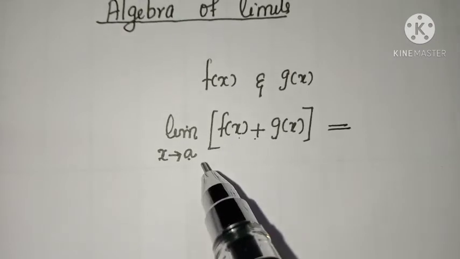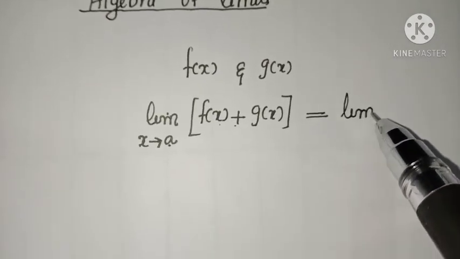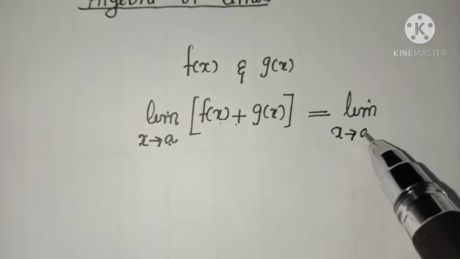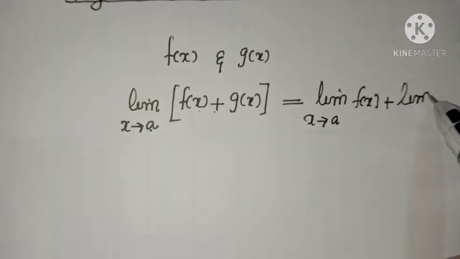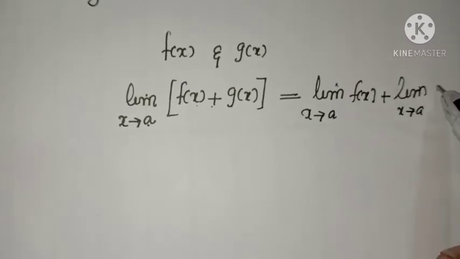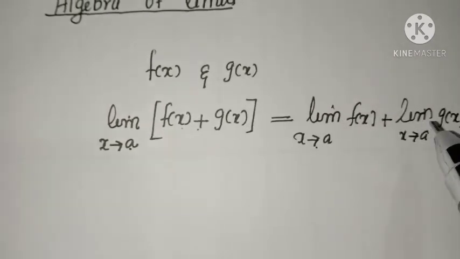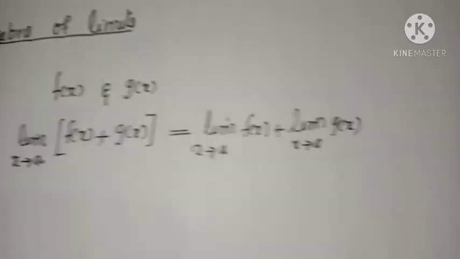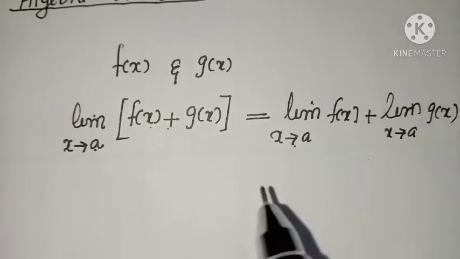Limit x tends to a, f of x plus g of x can be written as limit x tends to a, f of x plus limit x tends to a, g of x. That means we can split the limit for these two terms.